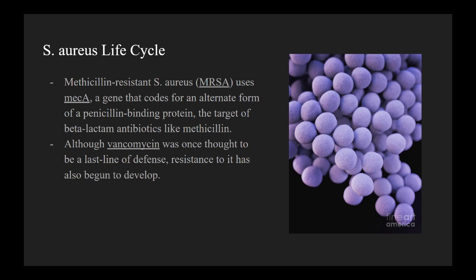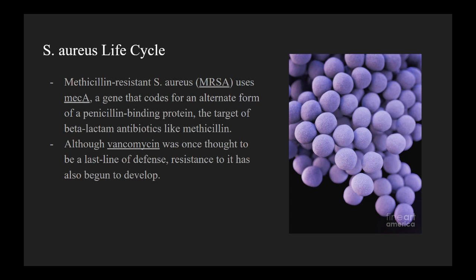So just to know. But yeah, methicillin resistant Staph aureus, or MRSA, you might have heard of this in the news. It uses what we call mecA, which is a gene. Essentially, it codes for an alternate form of a penicillin binding protein. If you remember, PBPs, penicillin binding proteins, are the ones that keep building up the cell wall and maintain it.